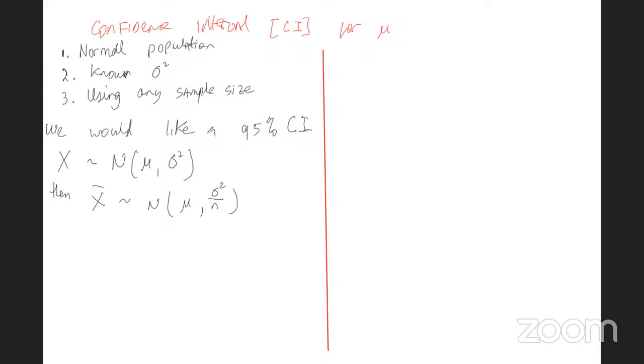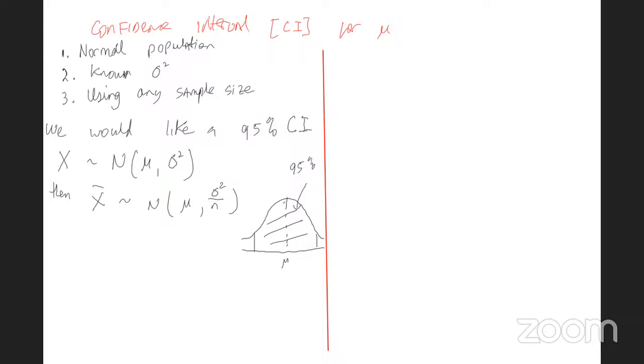Good. So now, what do we want to get? Remember, I just put another drawing here for you, right? It's a normal distribution. The mean is here. And we would like to get, see this here, a 95% confidence interval.